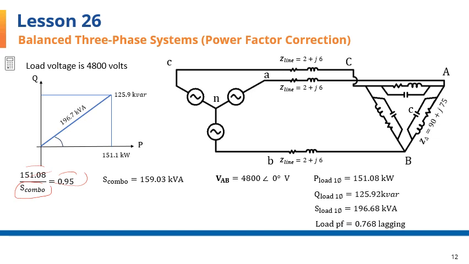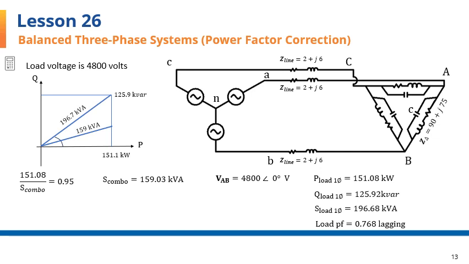In this equation, we don't have the apparent power of the combination of the load and capacitor. And from this equation, we can easily find the apparent power of the load and capacitor combined. I'm showing the power triangle for the combination.